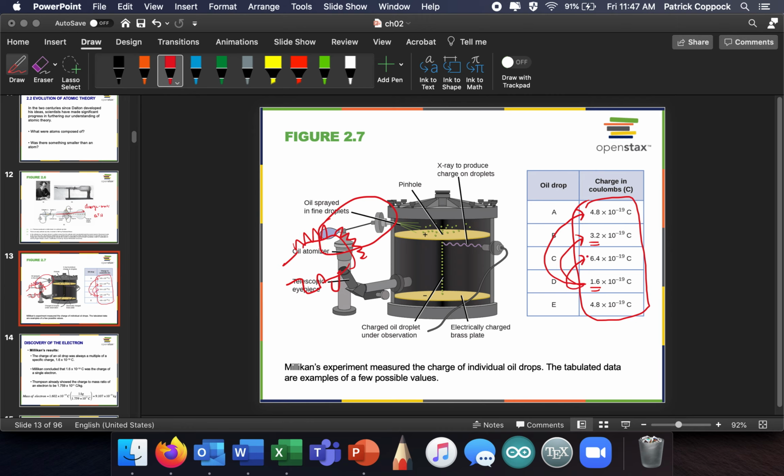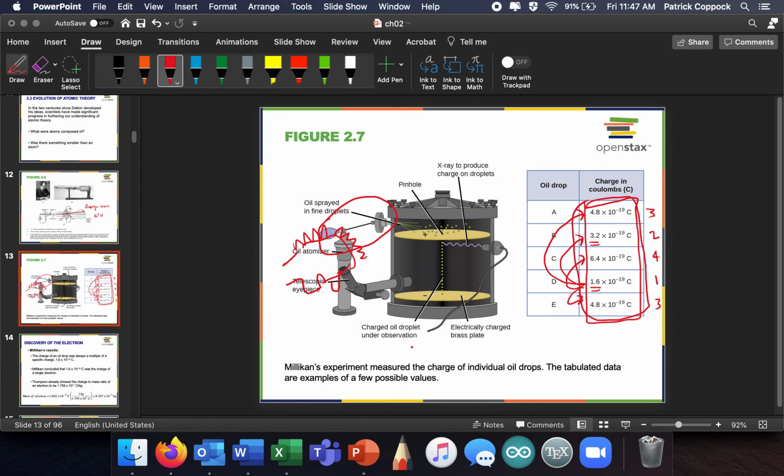And he said, wait a second. These are all in very stepped charges. In other words, if I divide everything by the lowest number, I'm going to get 1, 2, 3, 4. So he took the smallest charge, divided everything by that, and found that he got whole number ratios.